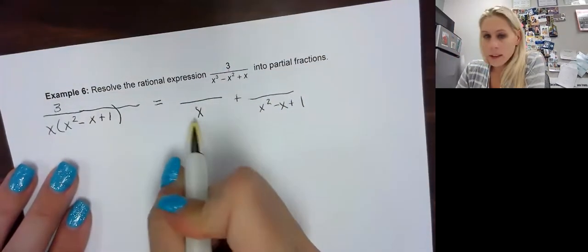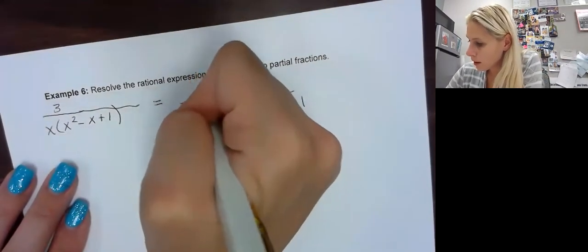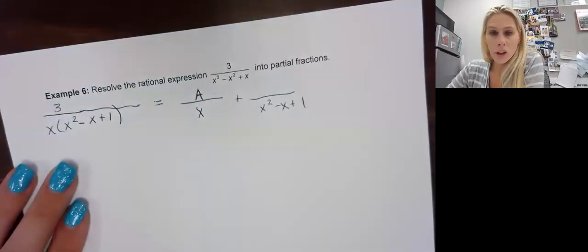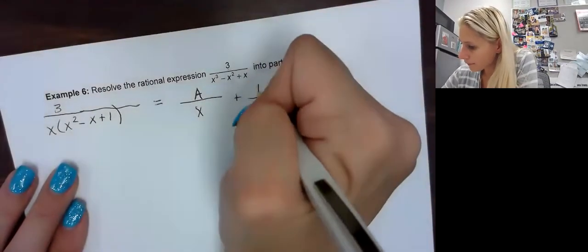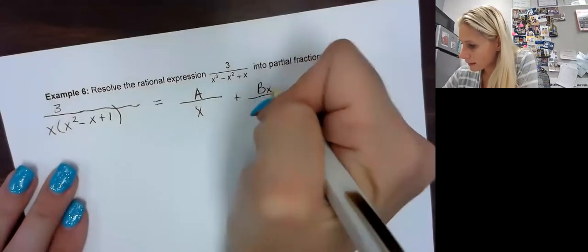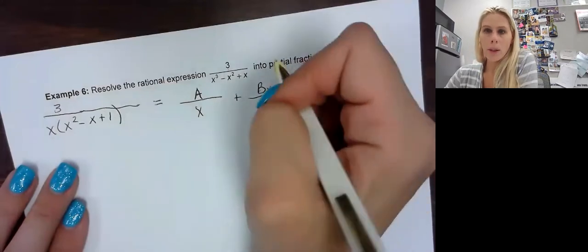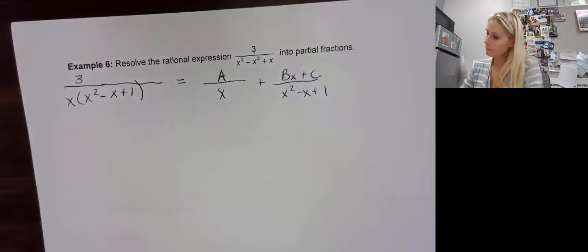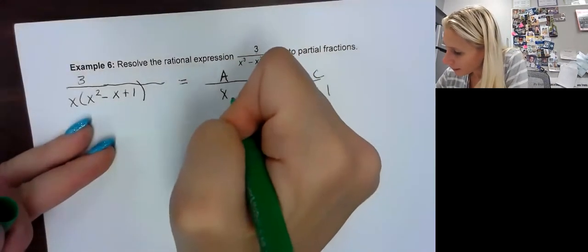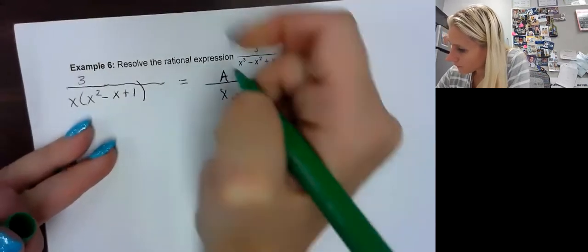Okay, this is just a single x on the first, so that means I'll just put a up here, which is just a. But because this is x squared, remember, I have to have this bx plus c, again 1 exponent lower. So here I'm missing an x squared minus x plus 1.